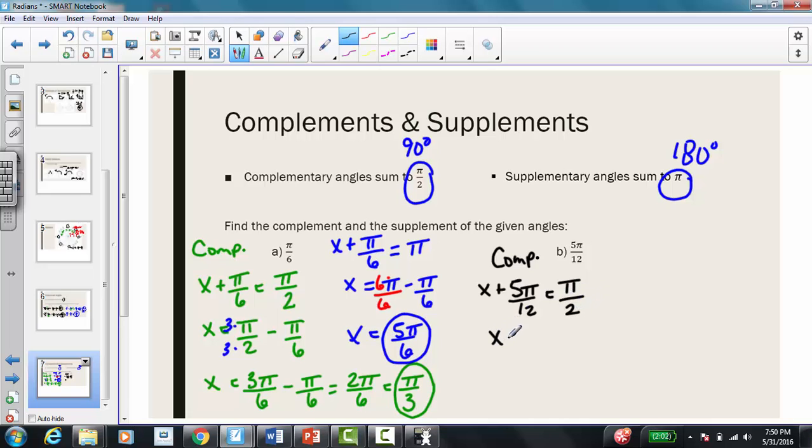Solving for x, x equals pi over 2 minus 5 pi over 12. All right, multiplying both numerator and denominator by 6, I'm going to get x equals pi over 12. So pi over 12 and 5 pi over 12 are complementary.